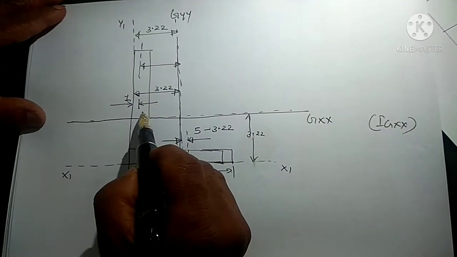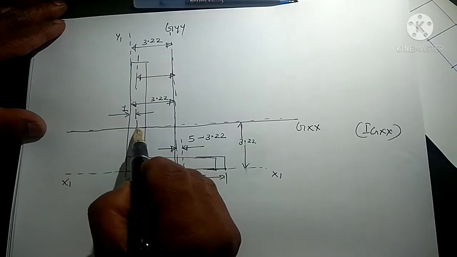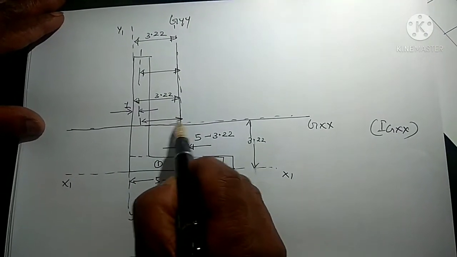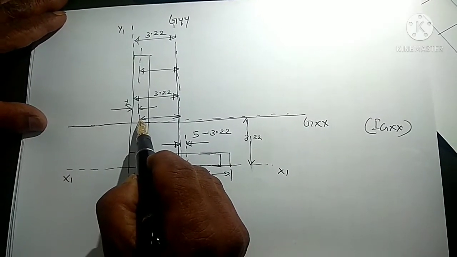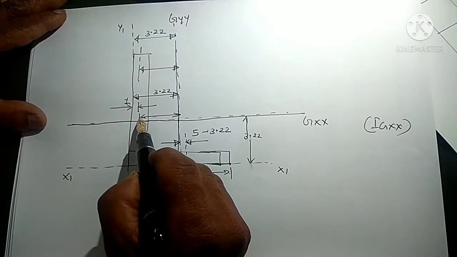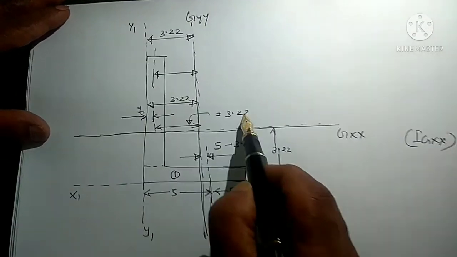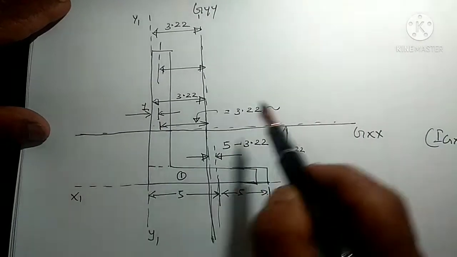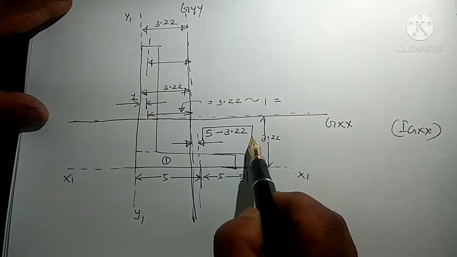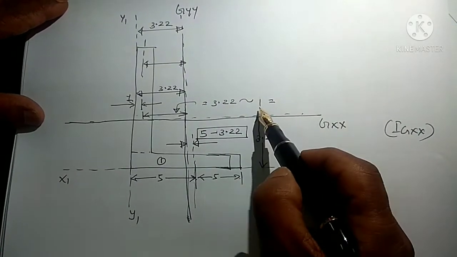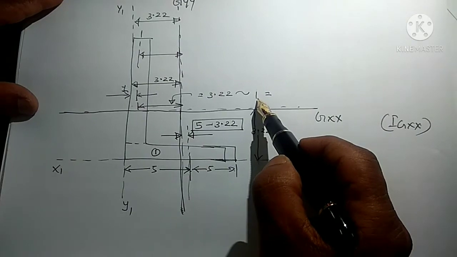Therefore, you have to find out this distance. This distance is equal to 3.22 difference this one, that value. So here it is 5 minus 3.22. Here it is 3.22 difference 1.